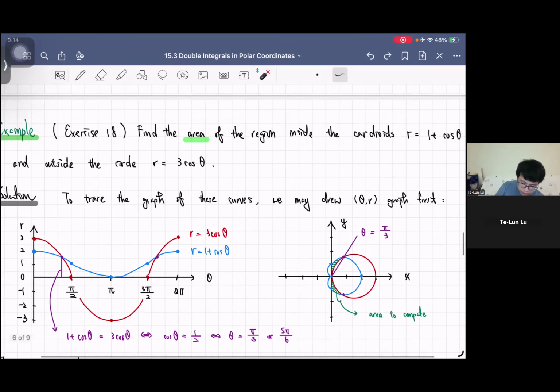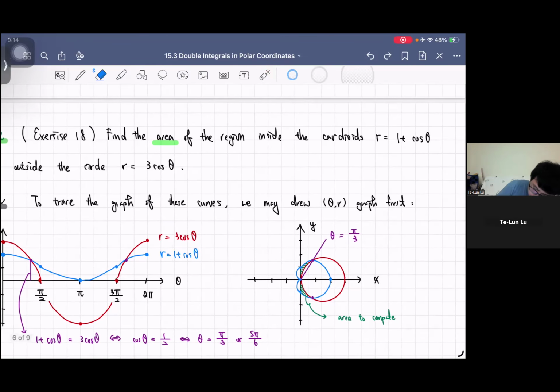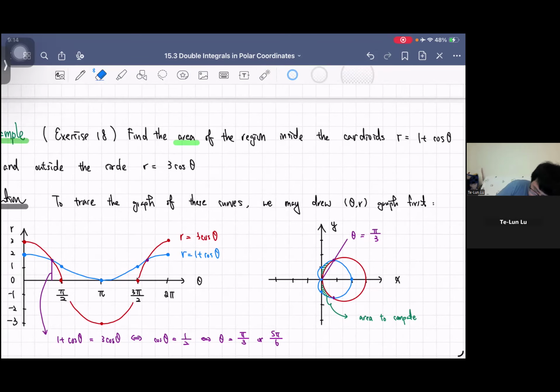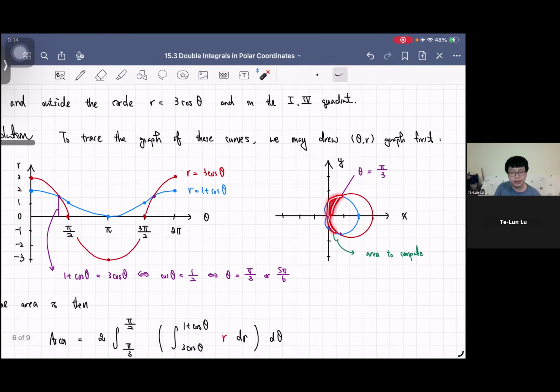So let me write down this region, specifically the region inside the cardioid in the first and fourth quadrant, just to avoid complexity. First quadrant. Okay, in that case, this will be this particular small ring thing, a green thing.